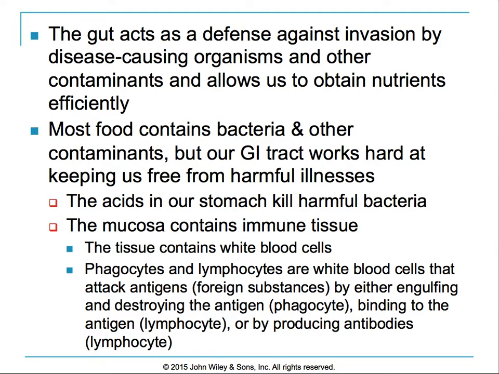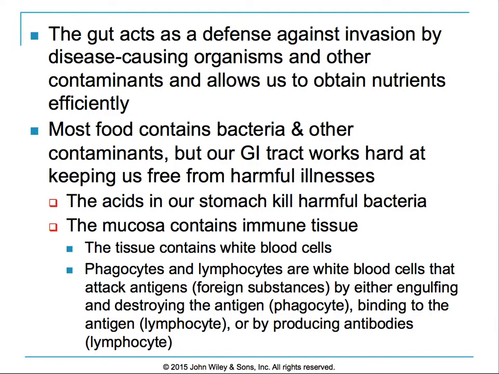How does it do this? The acids in our stomach, that hydrochloric acid, work to kill harmful bacteria. The mucosa, the lining of your digestive system, contains immune tissue. These immune tissues contain white blood cells, and phagocytes and lymphocytes are types of white blood cells that attack antigens or foreign substances.